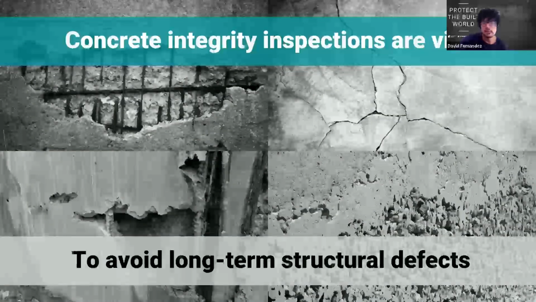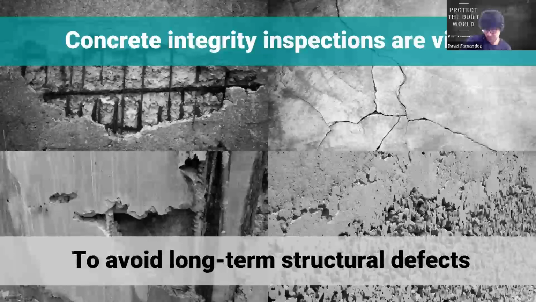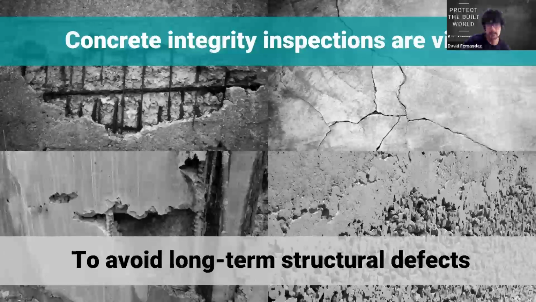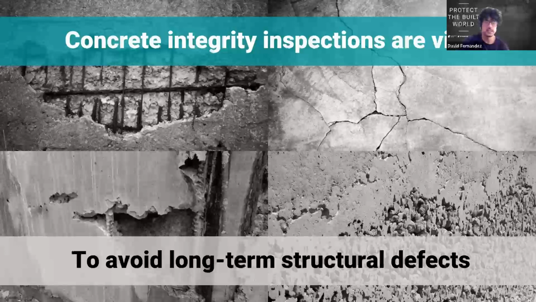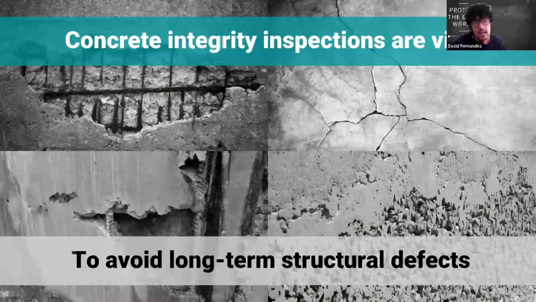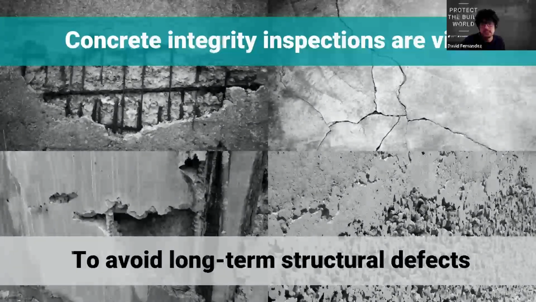And another topic which is really important is that concrete integrity inspections are vital. The concrete has a lot of long-term defects that are normally visible later on, after some years of the initial construction. The most common ones are the laminations, also internal and external cracks.